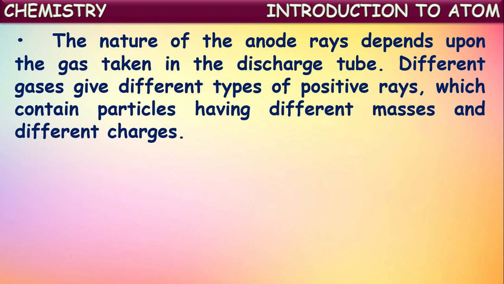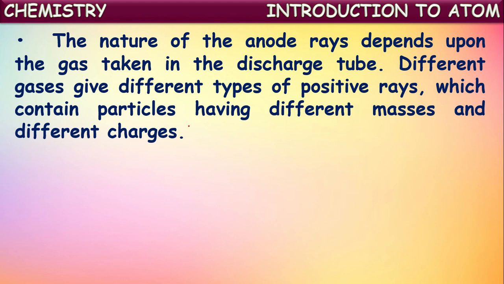But the anode rays produced are different for different gases taken in the discharge tube. That is, we say the nature of anode rays depends upon the gas taken in the discharge tube. That means different gases give different types of positive rays, which contain particles having different masses and different charges.